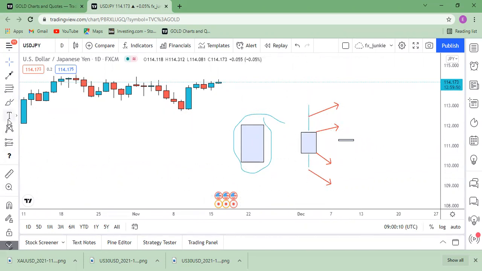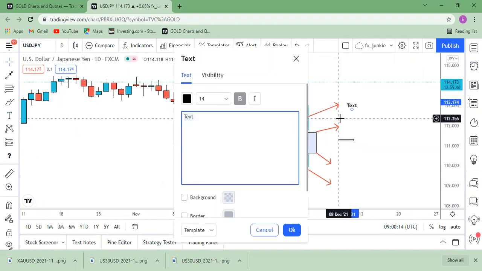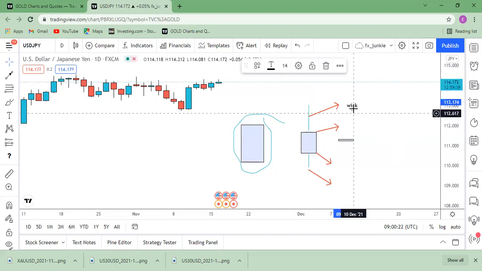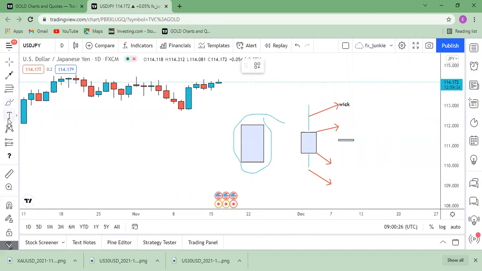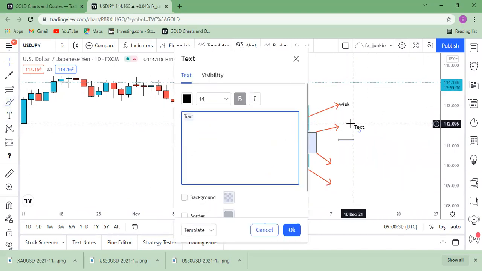That's a wick. And this is called the candlestick real body.